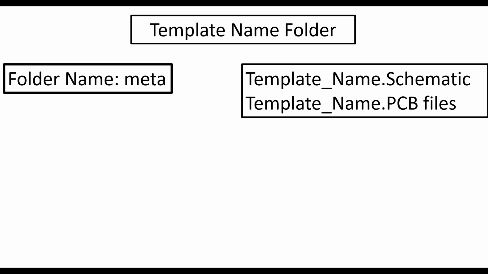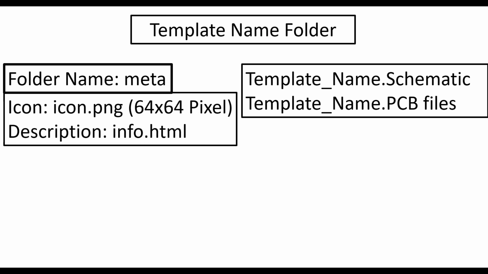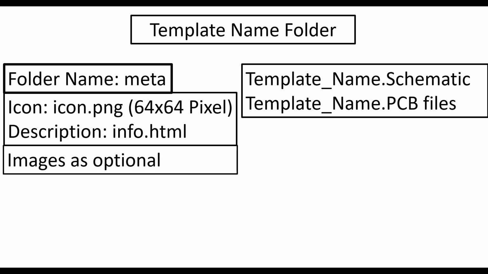In the meta folder you should have an icon with the dimensions of 64 cross 64 pixels and an info.html file that will describe the things that are present in the template. And images are optional.